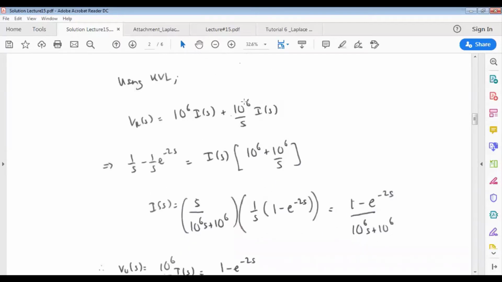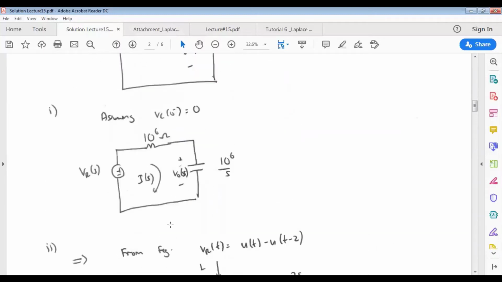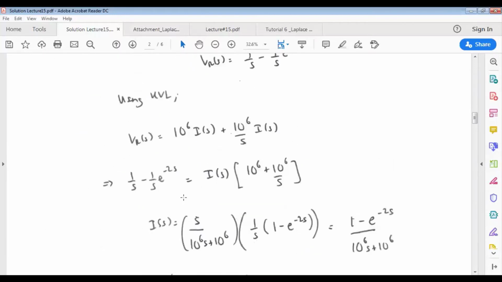By using KVL, we get V_R(s) equals 10 power of 6 of I(s) plus 10 power of 6 over s of I(s). This is based on Kirchhoff's voltage law for this particular circuit. V_R(s) is 1 over s minus 1 over s exponential of negative 2s, obtained previously.